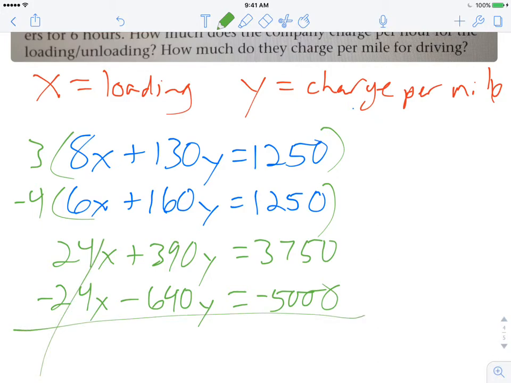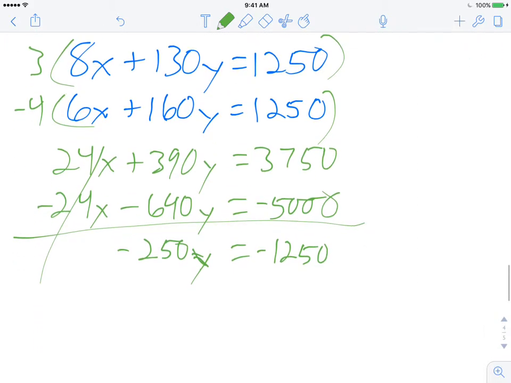We're going to end up with, let's see, 640 minus 390 is going to be 250 negative, and then that's an ugly looking y. Oh well. And then over on this side, we're going to have -1250. There we go.